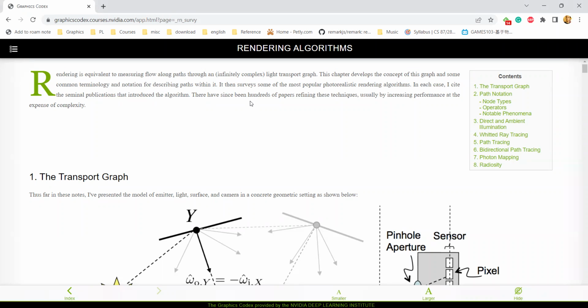There have since been hundreds of papers refining those techniques, usually by increasing performance at the expense of complexity. Really? I feel like the opposite is also true. The opposite probably is true for more of the time, increasing complexity by decreasing performance.